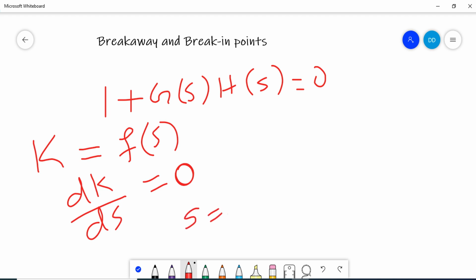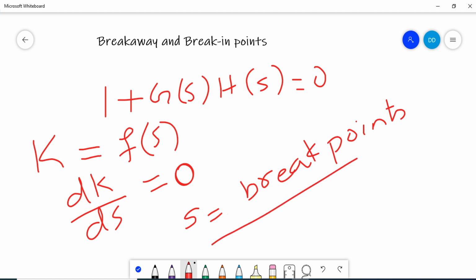Whatever values of s you get give the break points. Now we need to find whether it is a valid breakaway or break-in point. The s values obtained, we substitute in this to find the value of K. If the value of K is positive, then it is a valid breakaway or break-in point, otherwise it is not.